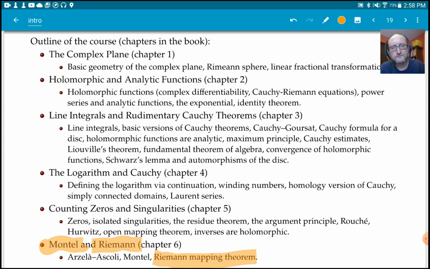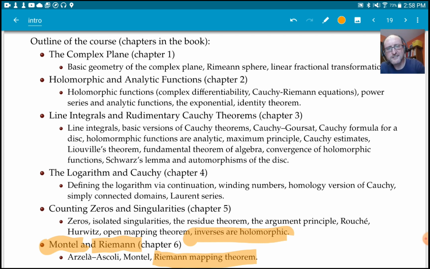One way of thinking about biholomorphic functions, which are just one-to-one holomorphic functions with a holomorphic inverse, is that they preserve angles.